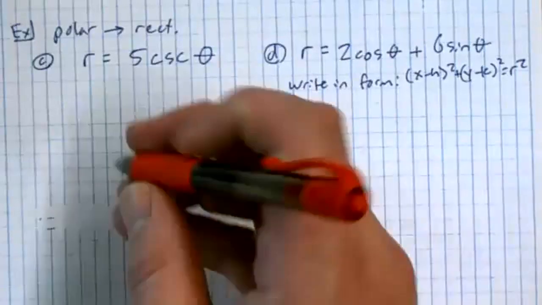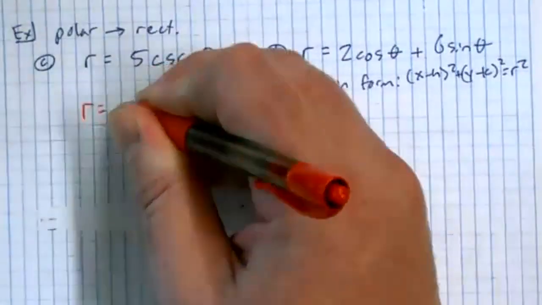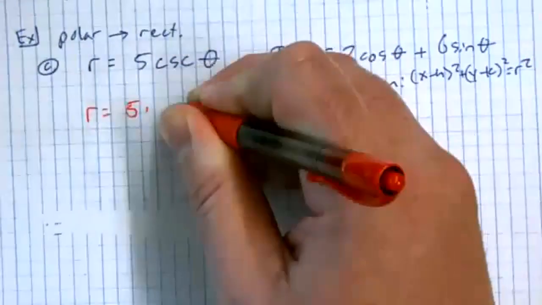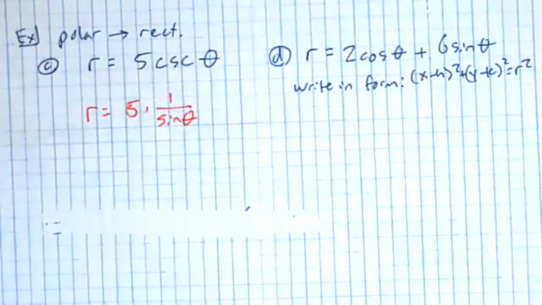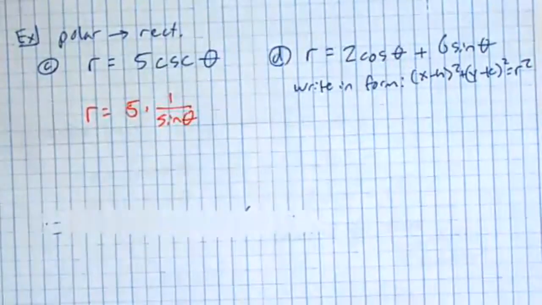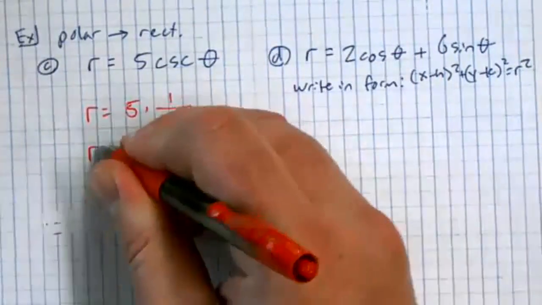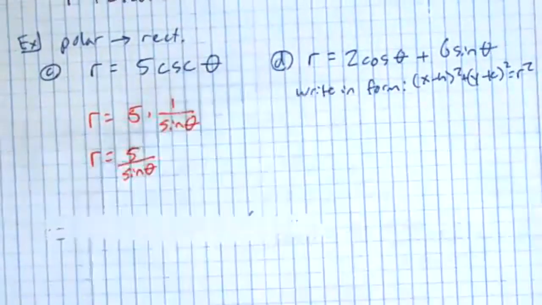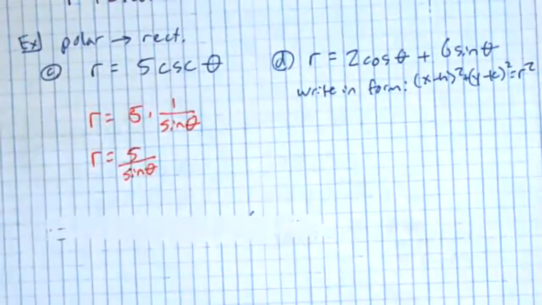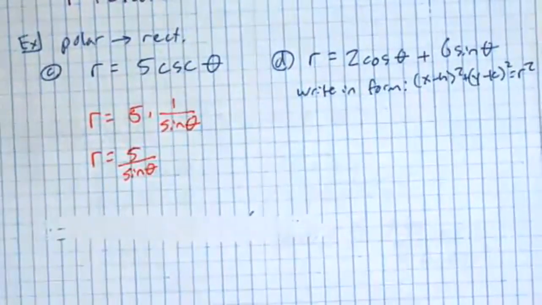What could I change cosecant into? 5 times 1 over sine theta, right? We're familiar with that. So 5 over sine theta. Man, I really wish that the sine theta and the r were on the same side of the equation being multiplied by each other.